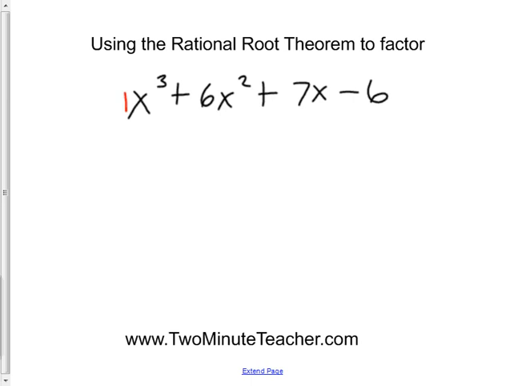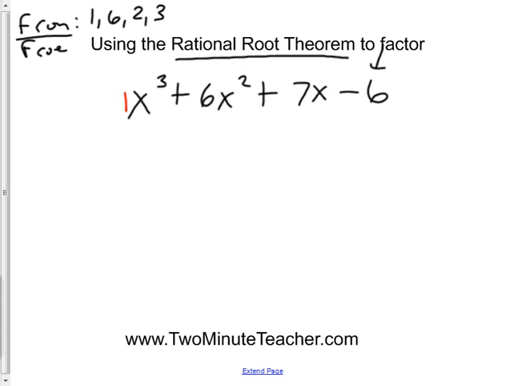All right, to begin with, the rational root theorem says that if you take the factors of the constant over the factors of the coefficient, that will give you a list of the things that are possible roots. The factors of the constant, in this case the constant is 6, and therefore 1 and 6 and 2 and 3 are all factors of the constant.